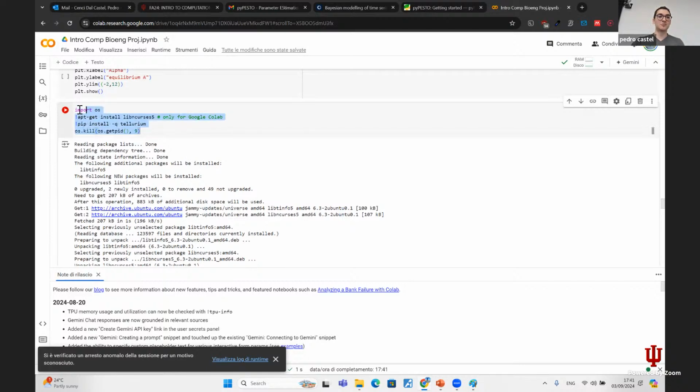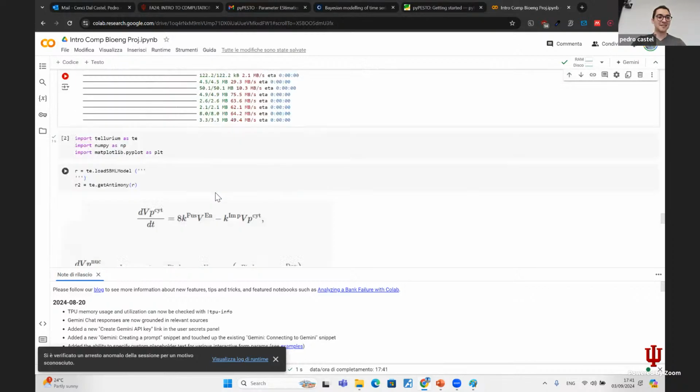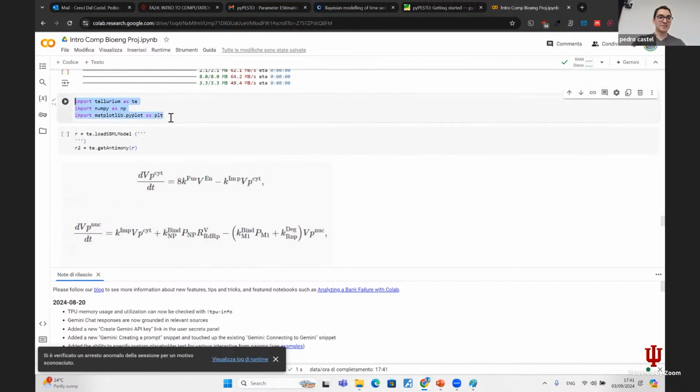So you will create one of these sheets for yourself, each of you, and I will copy and paste these snippets in the chat to facilitate your life. This first snippet is basically installing Tellurium in your Colab, and then down here importing all the good stuff.